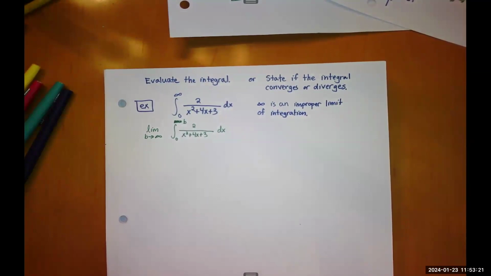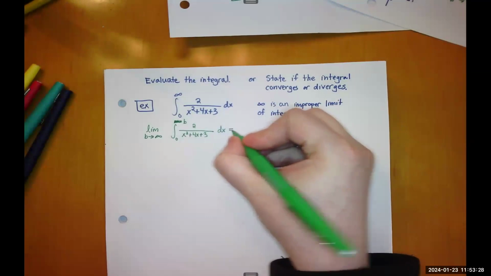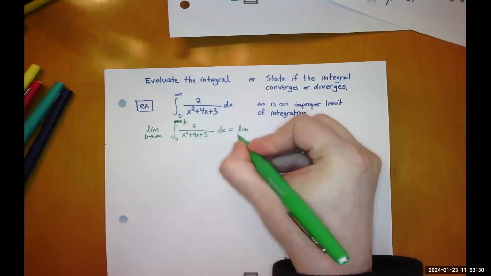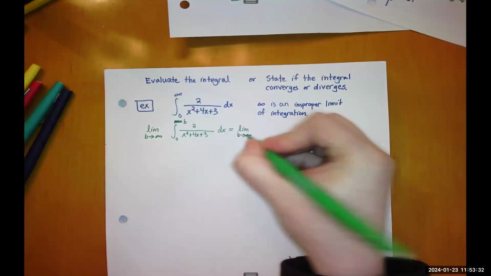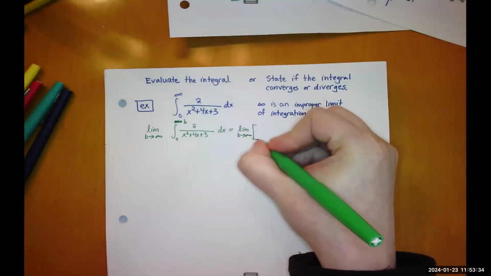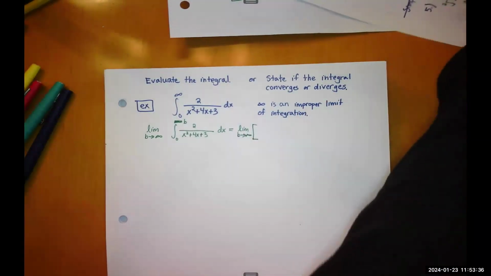And when we look at this one, and we're thinking about finding an antiderivative here so that we can apply the fundamental theorem of calculus, we must revisit the list of techniques.